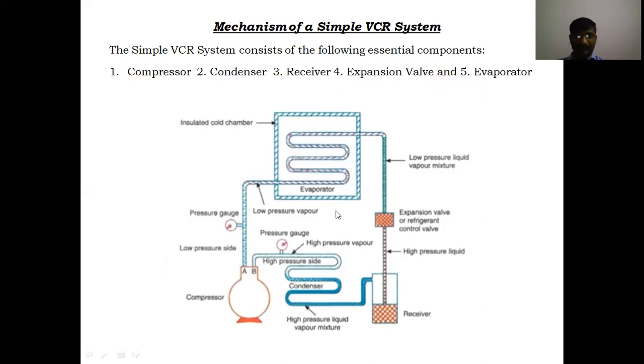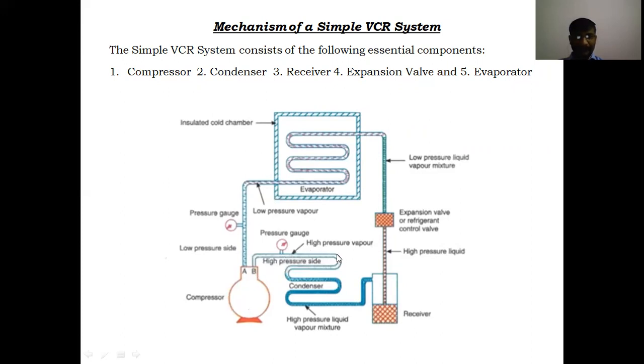First of all, this is a schematic diagram of the VCR system. This is the reciprocating compressor, the refrigerant compressor, in which the compressed refrigerant will be sent to the condenser first. After compressing, the condition of the refrigerant is high pressure vapor.